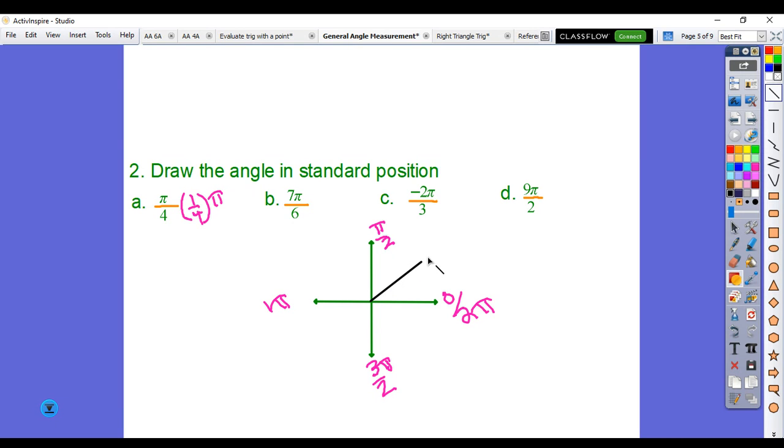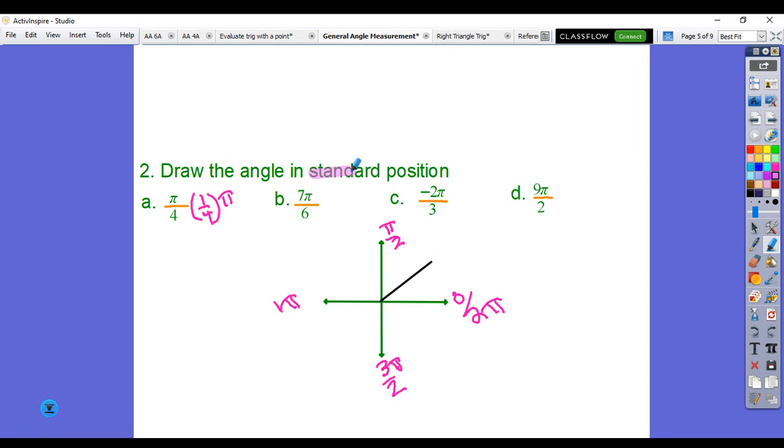It ends in the first quadrant. So when you're drawing the angle in standard position, this is the first part of the angle, and where it ends is the angle that's creating pi over 4. I just want to see, where does the angle end? Pi over 4 ends in the first quadrant.